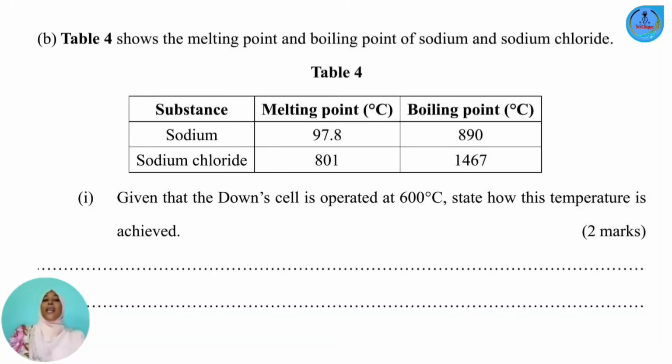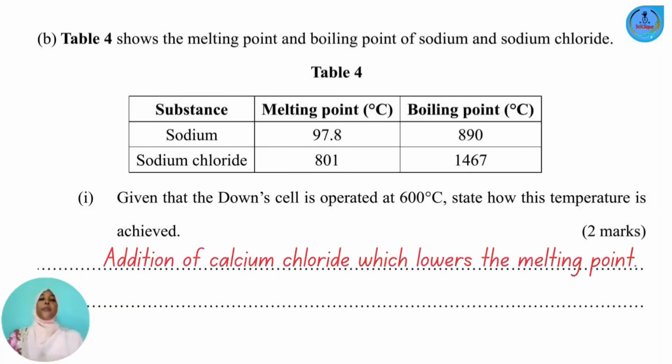Now, Roman 1, given that the Downs cell is the structure that you just saw, and given that the Downs cell is operated at 600 degrees Celsius, state how this temperature is achieved. Okay. In the Downs cell, we are going to have addition of calcium chloride. Calcium chloride is going to lower the melting point of sodium chloride.